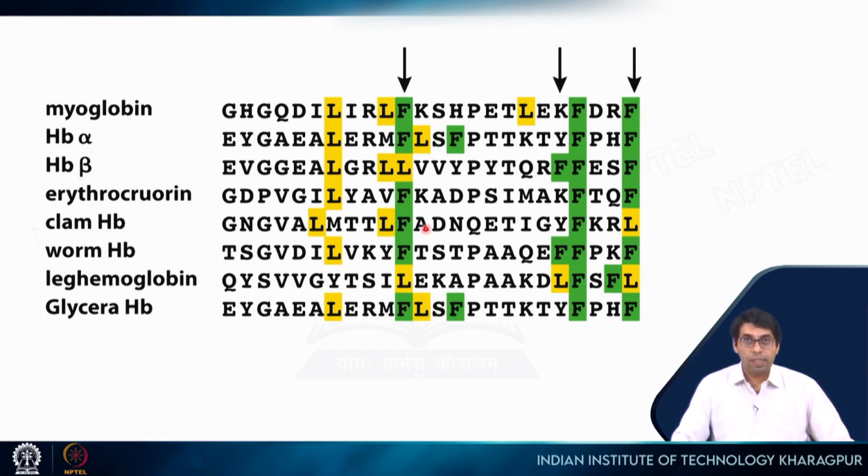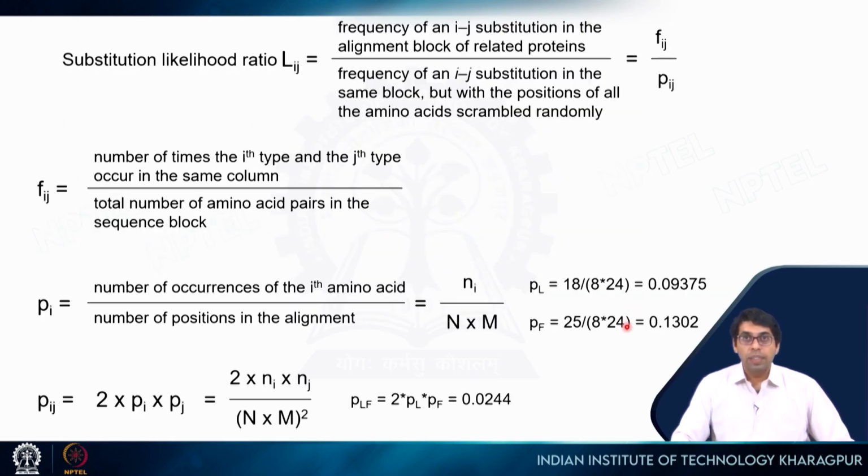And what about phenylalanine? It shows up 25 times. So, these numbers are given here. So, 18 divided by 8 times 24 and 25 divided by 8 times 24. The denominator is exactly the same and you get these two numbers, right. Those two multiplied by 2, you get this PLF, which is the denominator. Now, we have to calculate the numerator, which is this F.